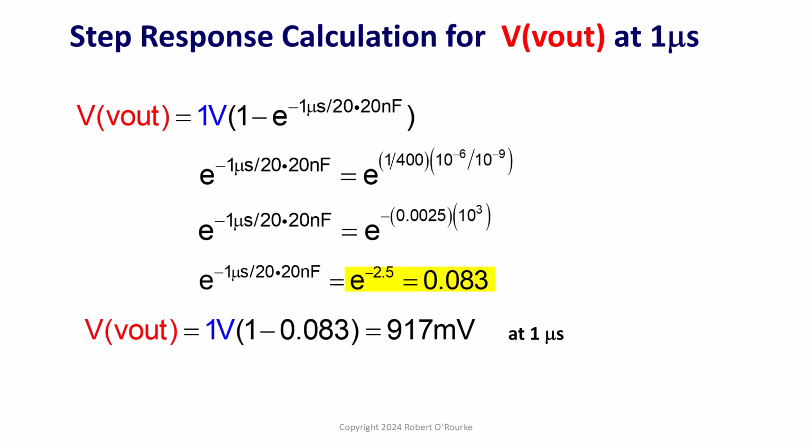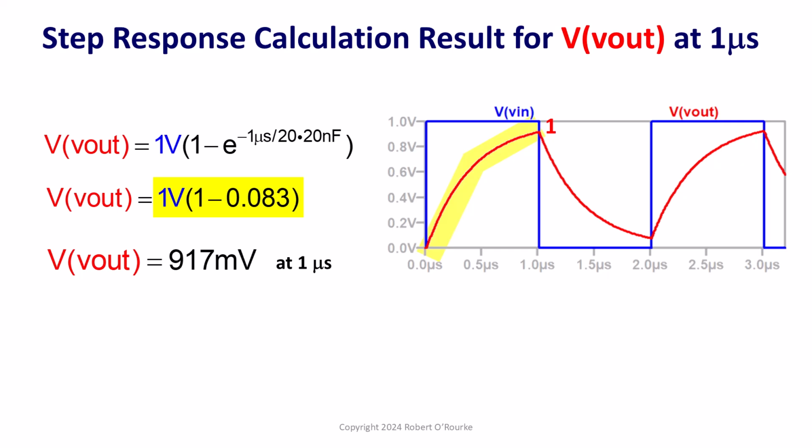The exponential term reduces to e to the minus 2.5, which equals 0.083. 1 minus 0.083 equals 917 millivolts for vout at 1 microsecond, having started from 0 volts at time 0. 917 millivolts is what we expect to see for vout at 1 microsecond, completing the first part of the exercise.